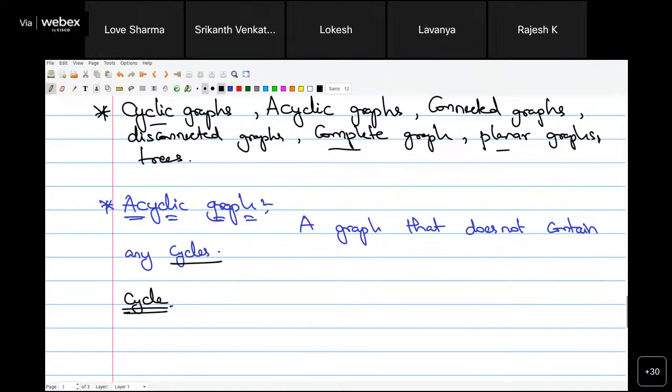So what is a cycle? This is how it is defined.